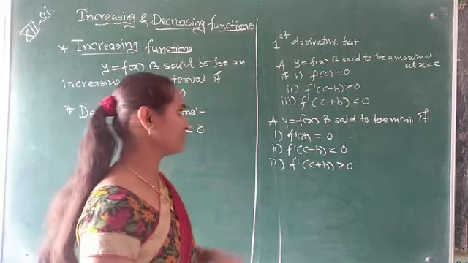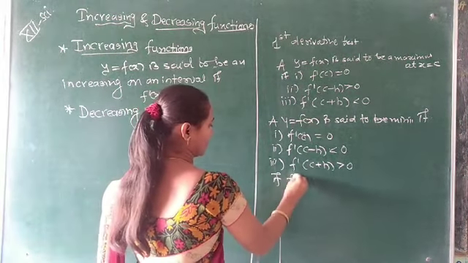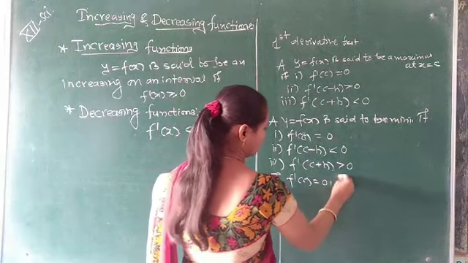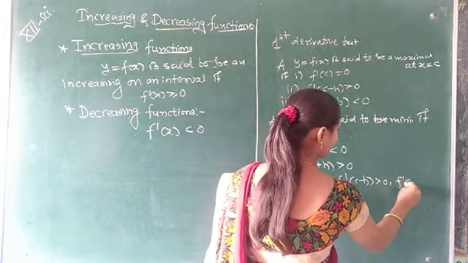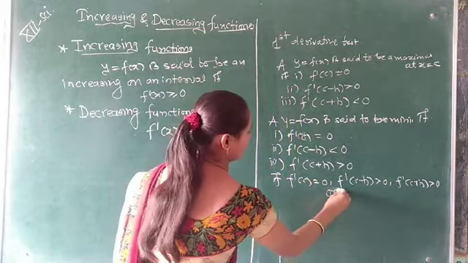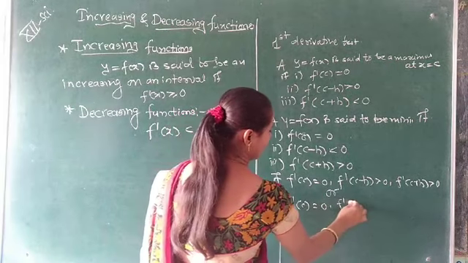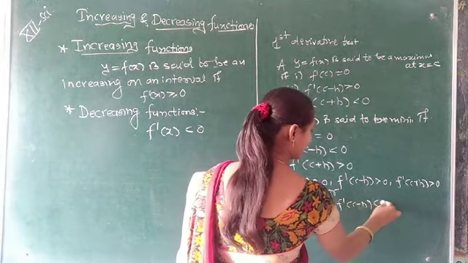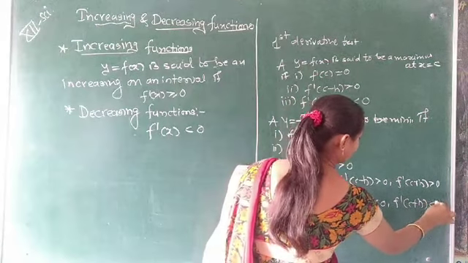The second condition is when the first test fails: if f dash of c is equal to 0 and f dash of c minus h is greater than 0 and f dash of c plus h is also greater than 0, or f dash of c is 0, f dash of c minus h is less than 0 and f dash of c plus h is less than 0.